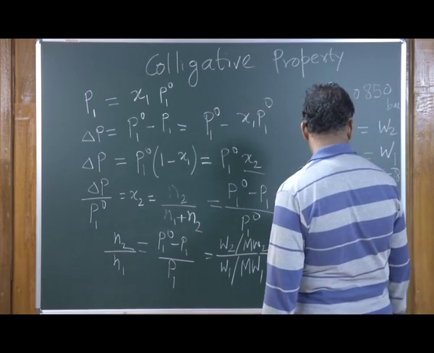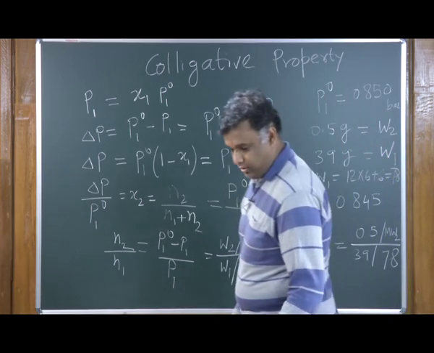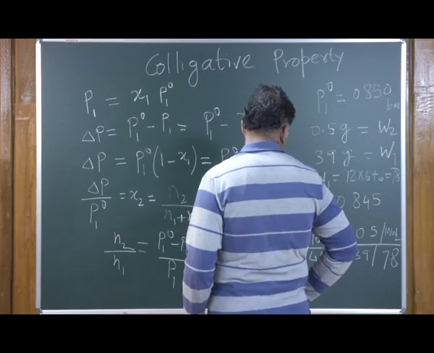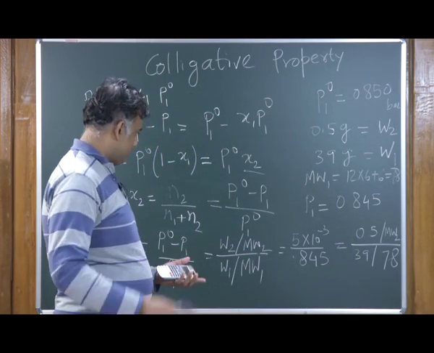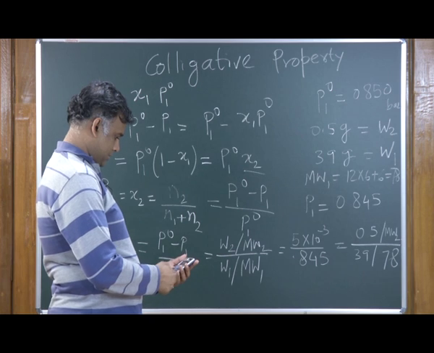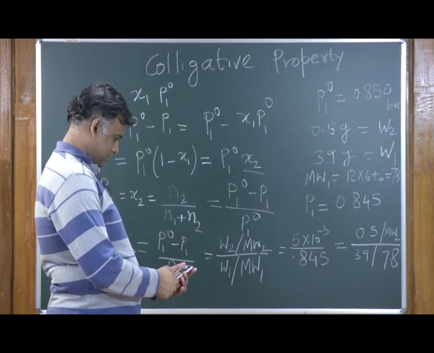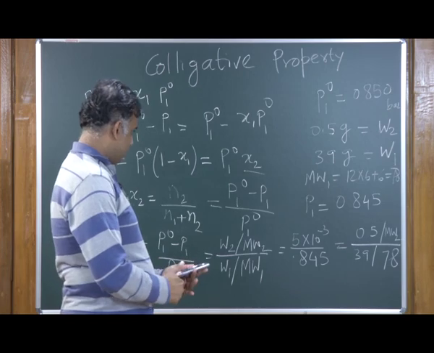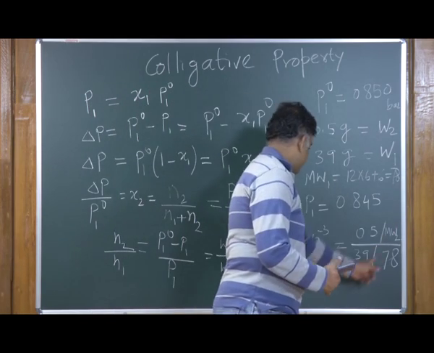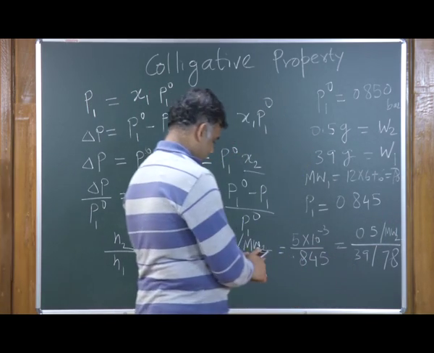So, I can calculate the molecular weight of the solute now easily using this formula. So, I am going to take the molecular weight to the other side and bring all the other information to this side.